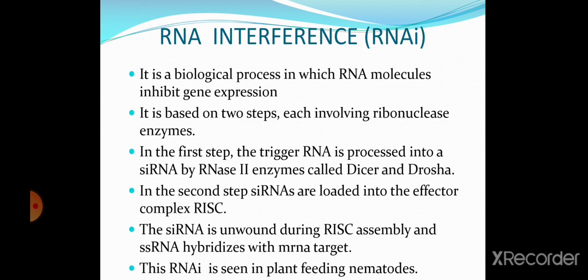RNA interference is one of the simplified models. That is, RNA interference is a biological process in which RNA molecules inhibit gene expression or translation. This is done by neutralizing targeted mRNA. What is neutralized? To make inactive.